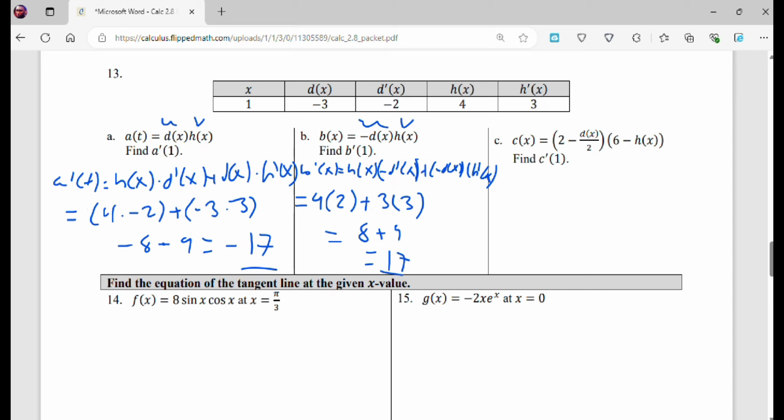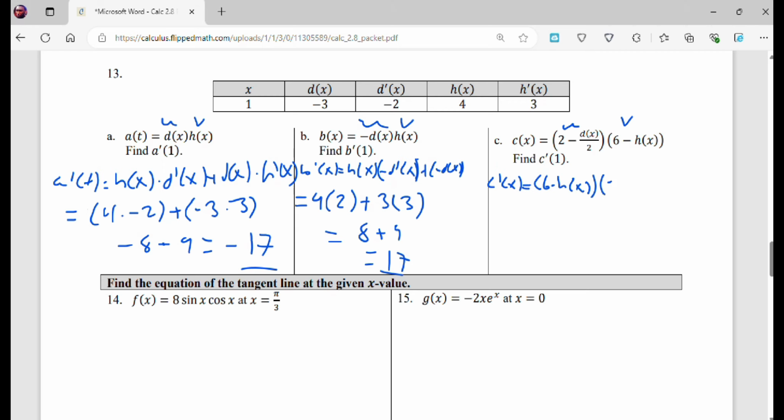Okay. Last one, we have c of x equals 2 minus d of x over 2 times 6 minus hx. So this is going to be v, and this is going to be u. So c prime of x equals v times u prime.